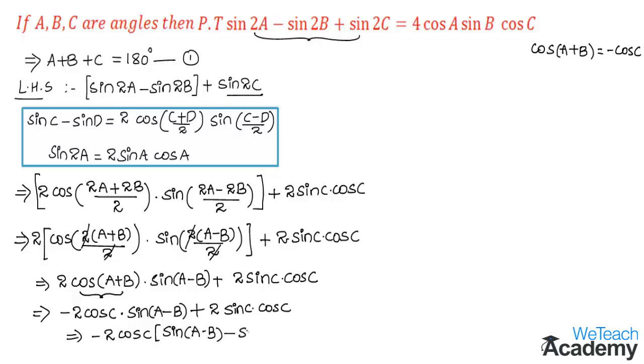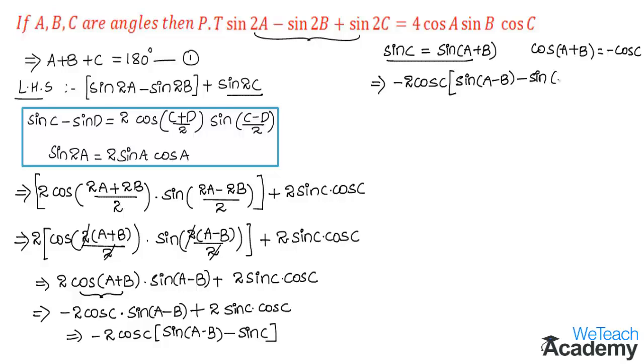minus sine c. So here, by using the identity where sine c can be replaced with sine (a plus b), we get minus 2 cos c into sine (a minus b) minus sine c, which is replaced with sine (a plus b). And now let us multiply minus to the inner terms.